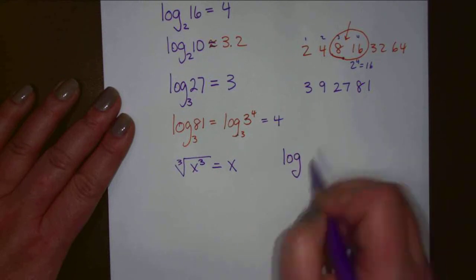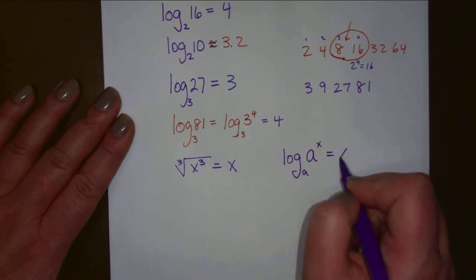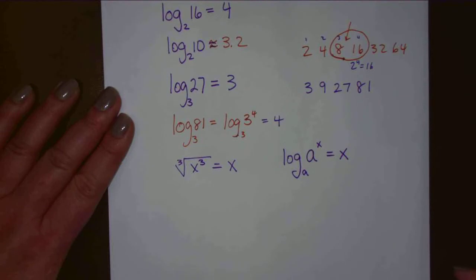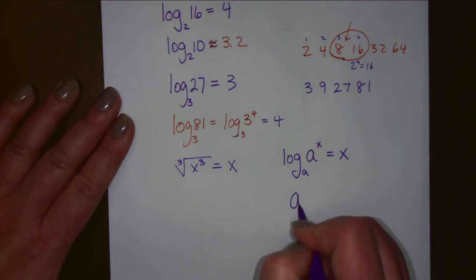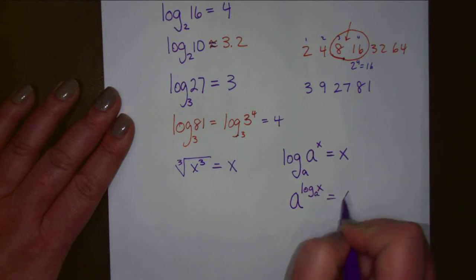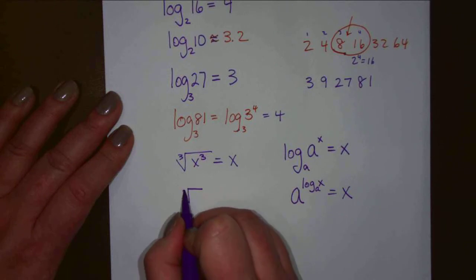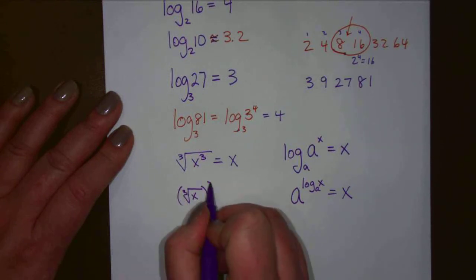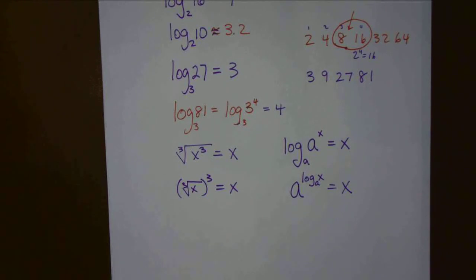If we have a base matching this base, then they cancel and the answer is x. And the other way around, if we put a to the power log base a of x, that answer is also x. And that would be like doing the cube root of x cubed. All right, don't get confused, because I've not introduced anything weird. I'm just showing you how they cancel each other out. Okay.